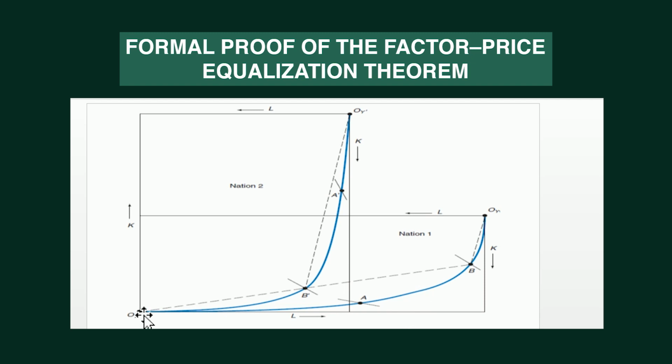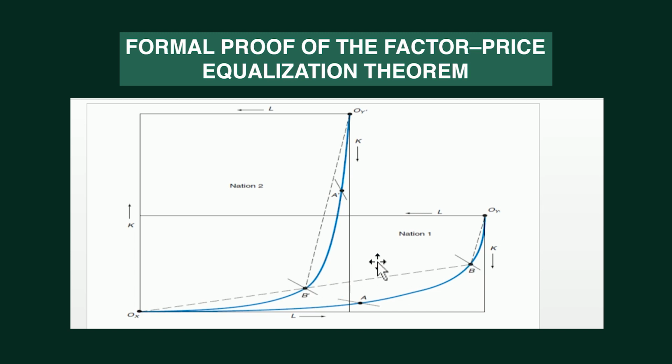For country 2, we have more of capital abundance and the country will be producing more of the capital intensive good, that is good Y. Before trade begins, we observe that country 1 is producing at point B, whereas country 2 is producing at point B dash.